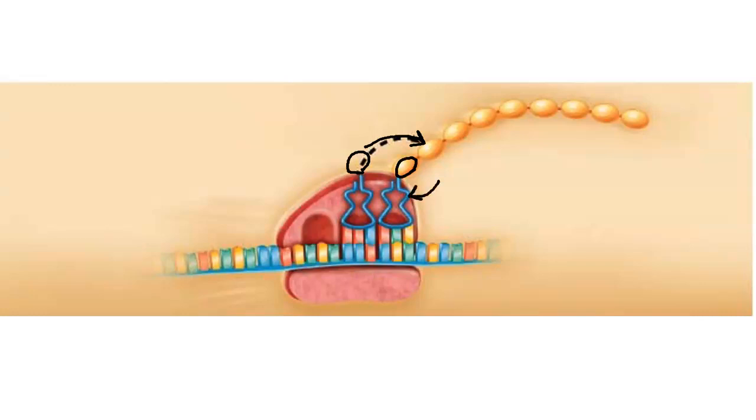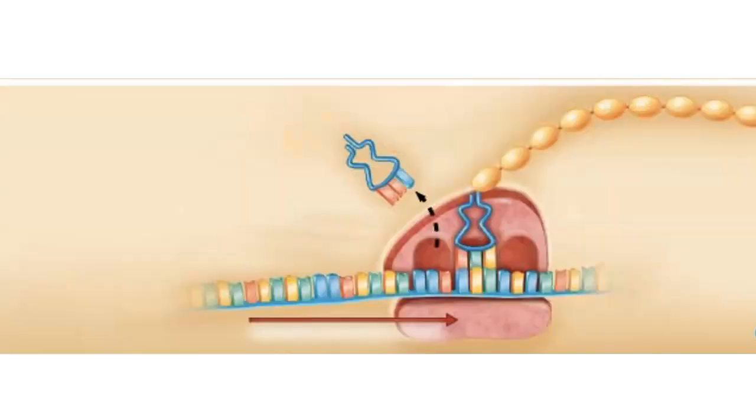And so what will happen is the ribosome is going to move down one codon, and when it moves down one codon, this transfer RNA that has donated its amino acid is going to be released, and we're still going to hold on to this tRNA with the growing protein. In this picture, we can see that has happened.